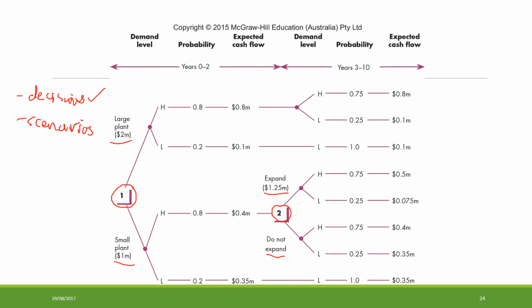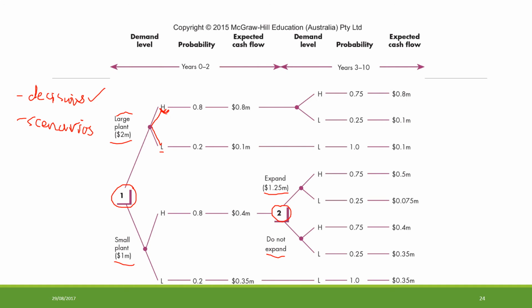For each of these plans, we're given the expectation for demand. We only have two scenarios for demand, either a high demand or a low demand. If we choose the large plant, we either have a high demand or a low demand. If we have a low demand, we expect the demand to be low for the rest of the years.